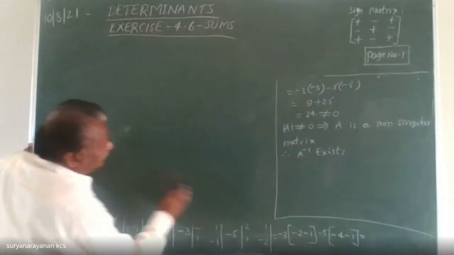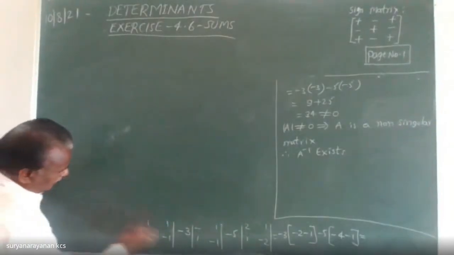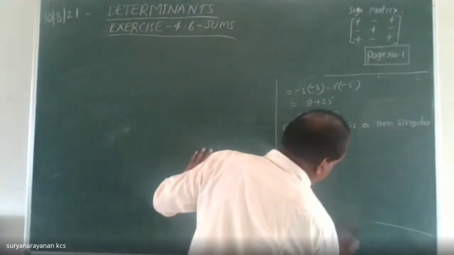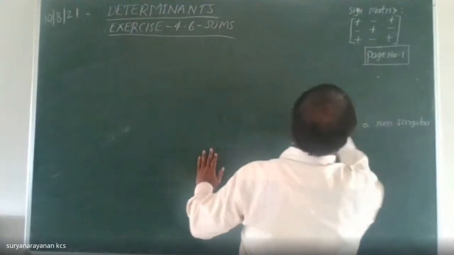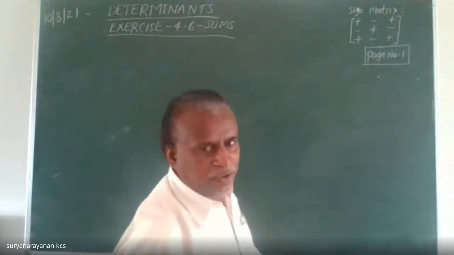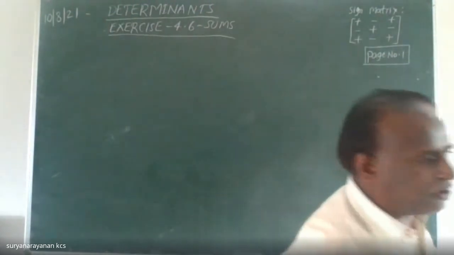So we found here A inverse. Then what should be found here? Adjoint A. In a single step, we can find adjoint A. Previously also I told you.